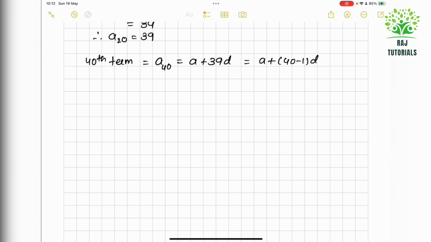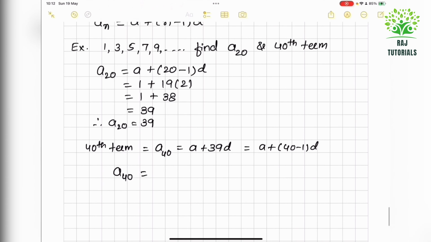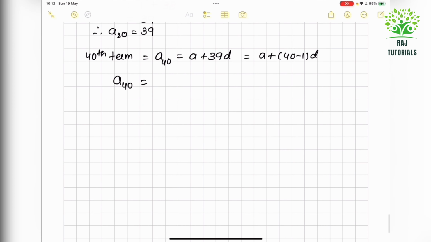So now if I want A40, A was 1, plus 39 into 2, because D is 2. So 1 plus 78.